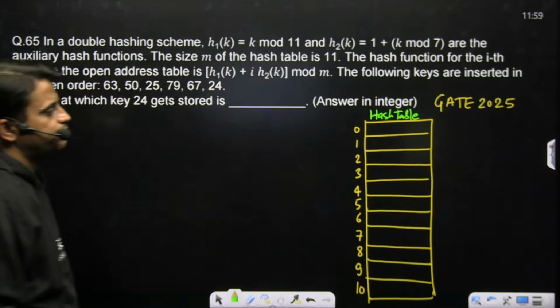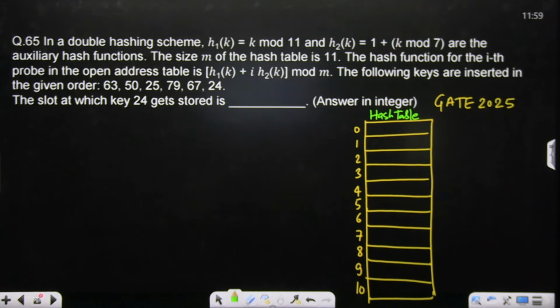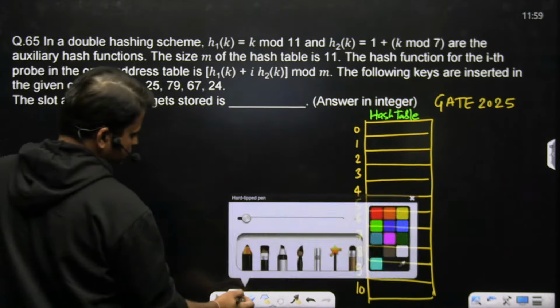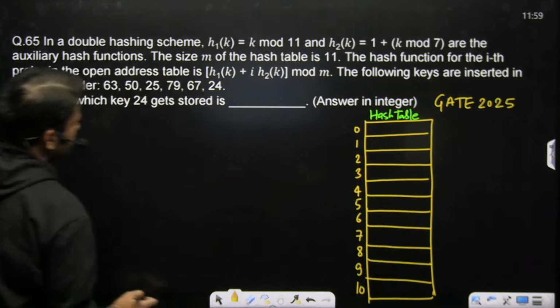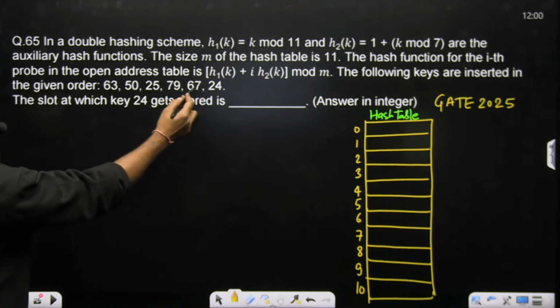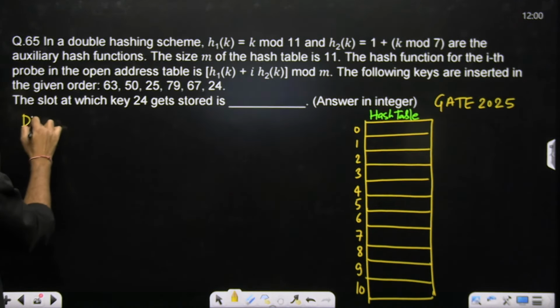Hash table. So, double hashing formula for open addressing. This is the double hashing formula, बच्चे.